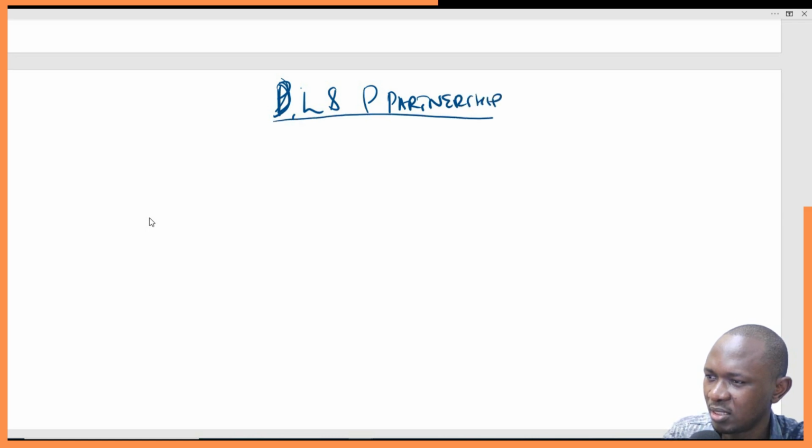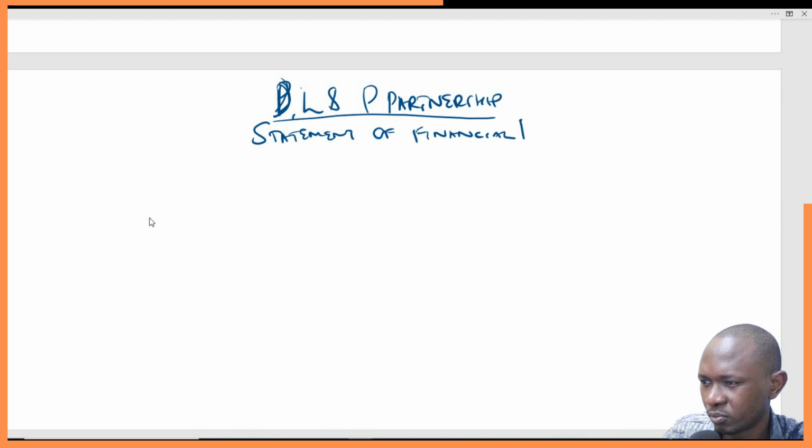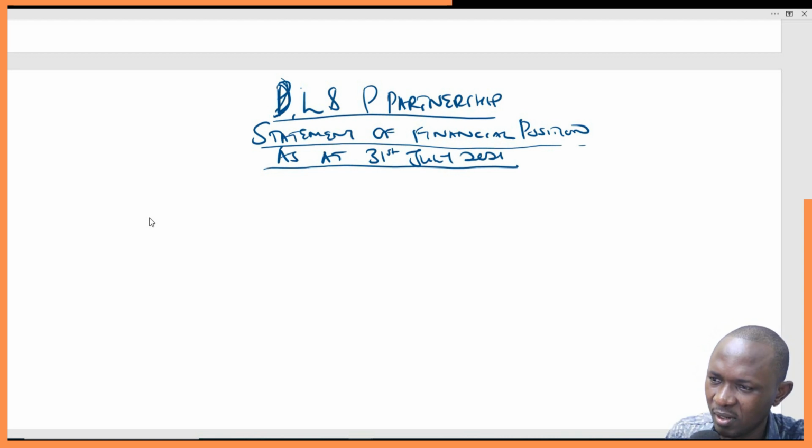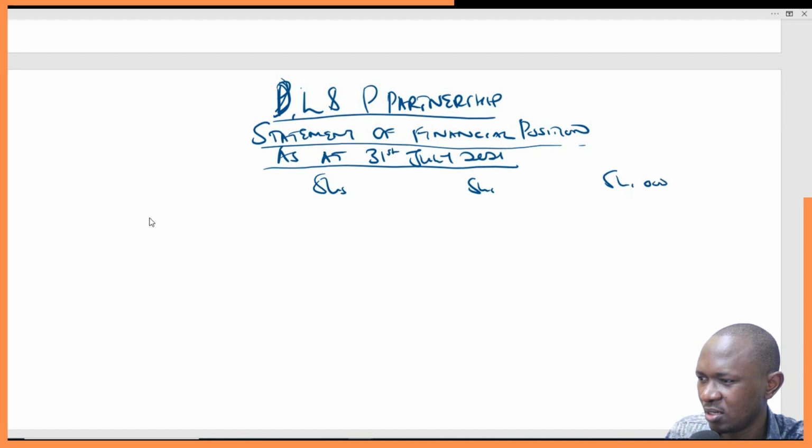Then we say statement of financial position as at 31st July 2021, like that. So we underline that. So then we have shillings, and you can now restrict the zeros.